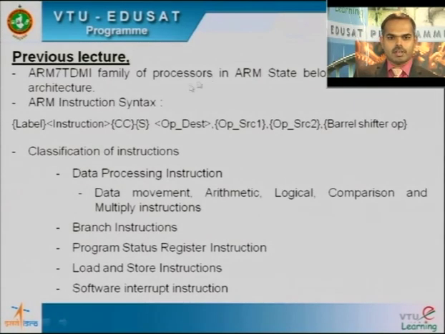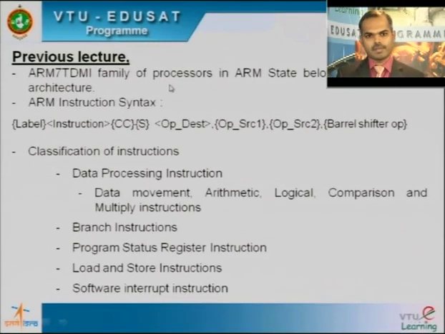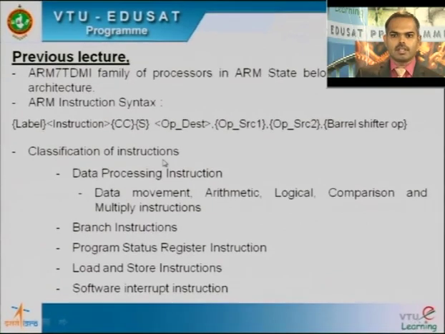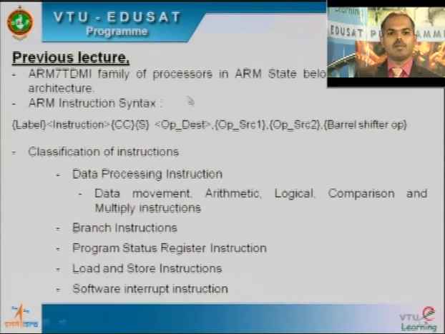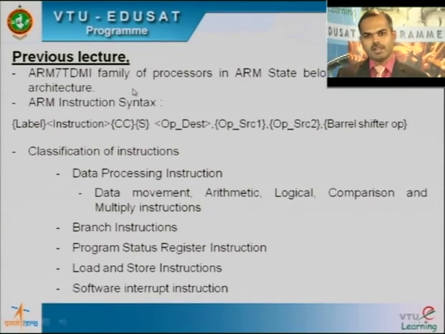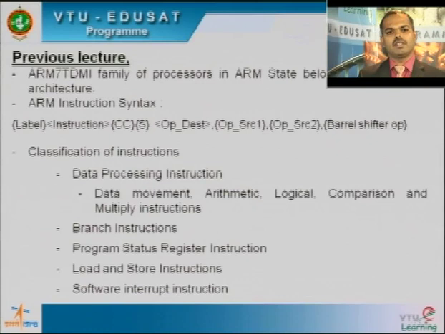In the previous lecture we covered the ARM instruction syntax. The whole chapter is about ARM architecture version 4T, the ARM7TDMI family of processors, and we are discussing particularly the ARM state.